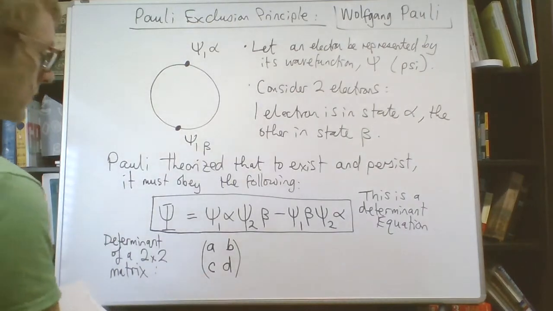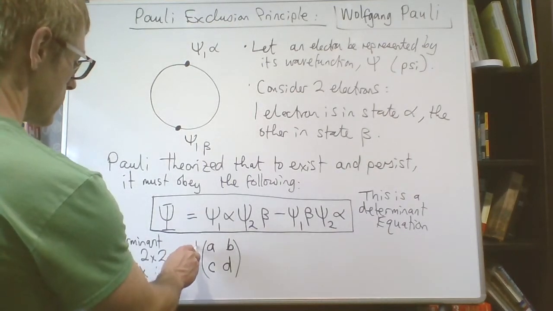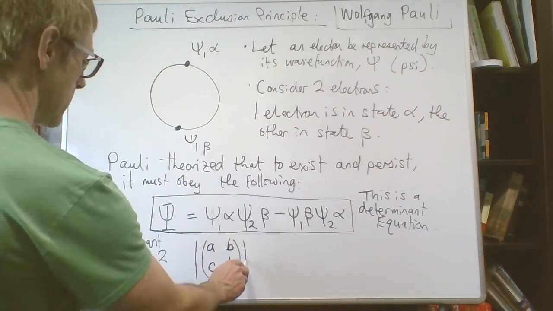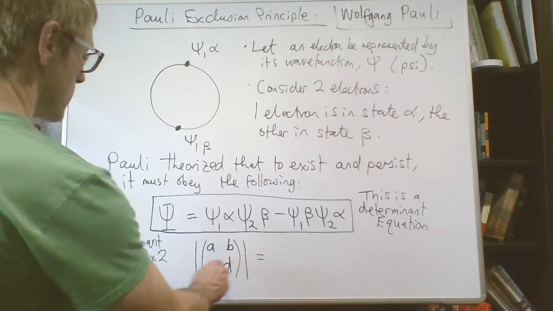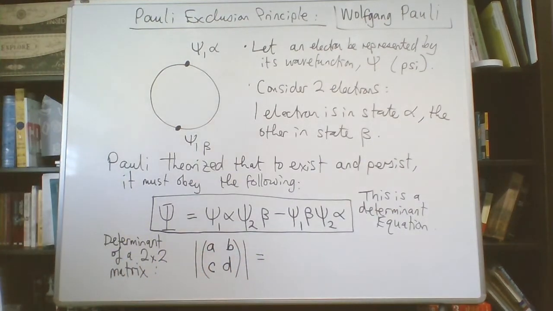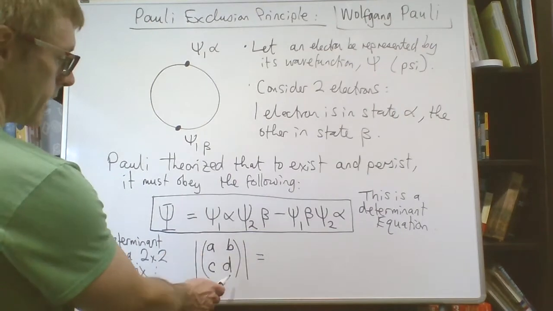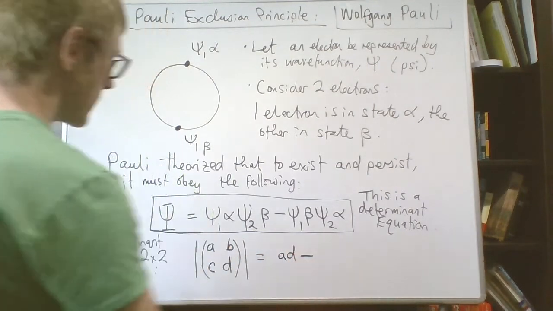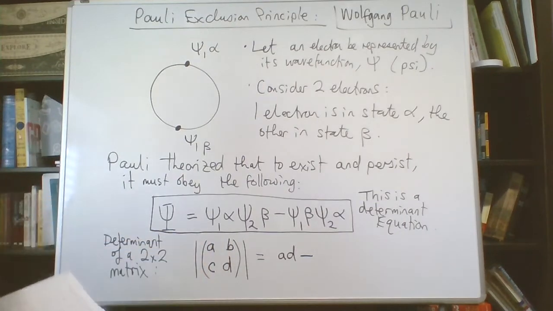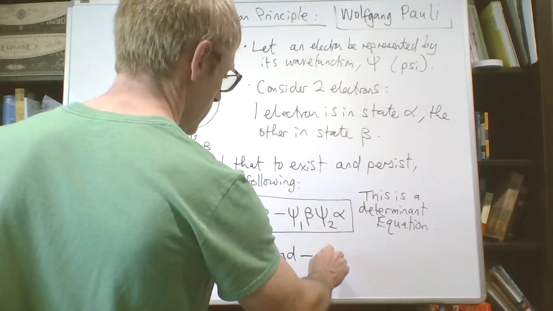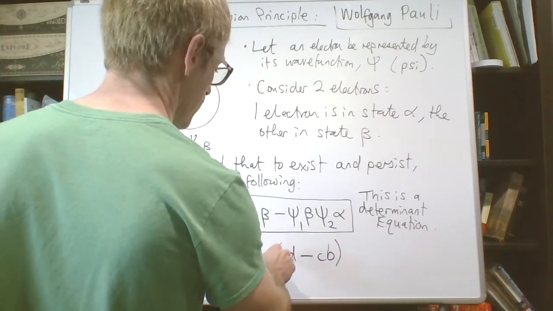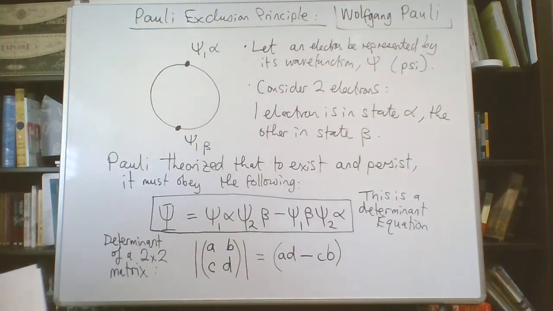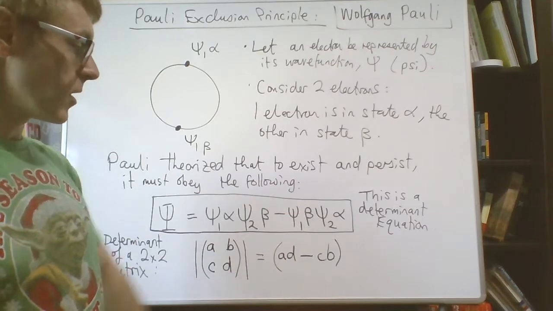If we take the determinant of this matrix, we put it in parallel lines. So the determinant of this 2 by 2 matrix is the diagonal AD minus the opposite diagonal CB. So now you can see that this is just a determinant equation.